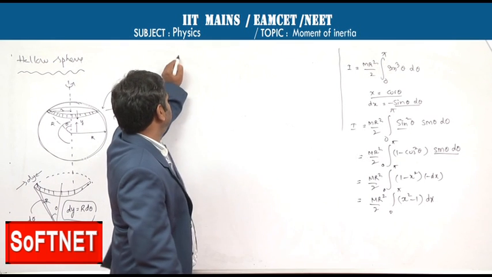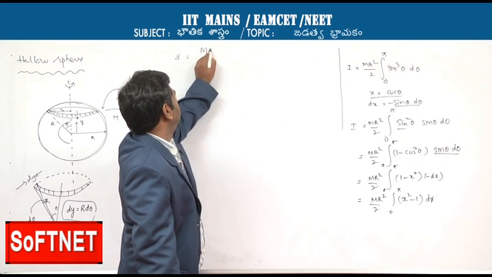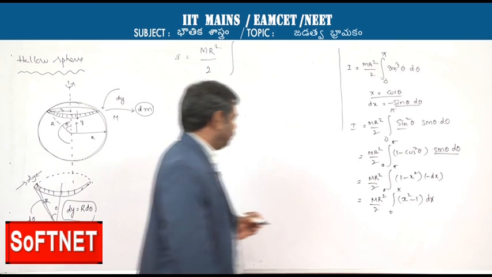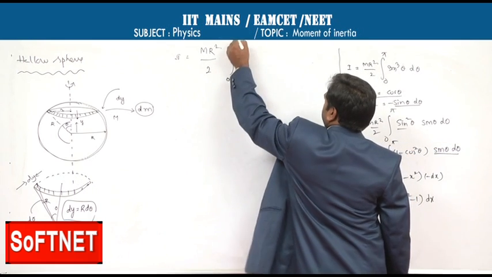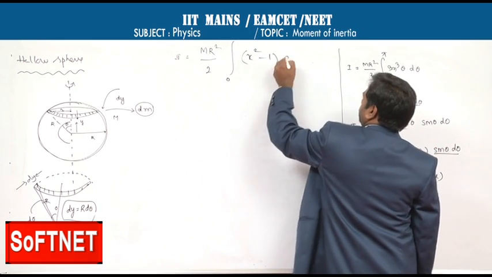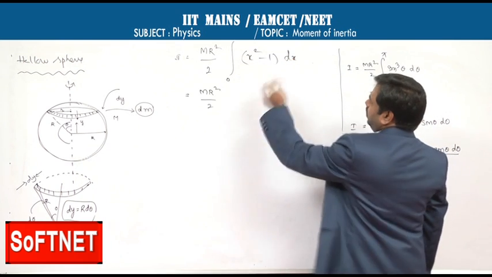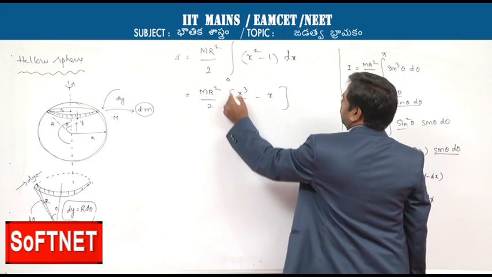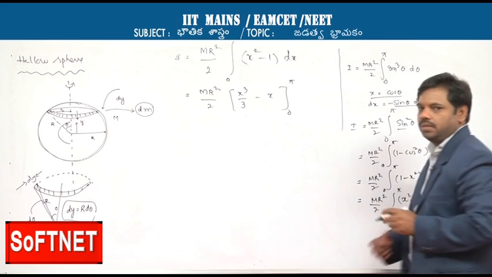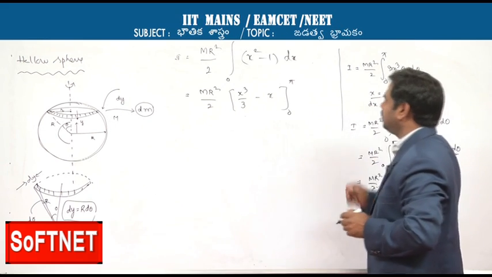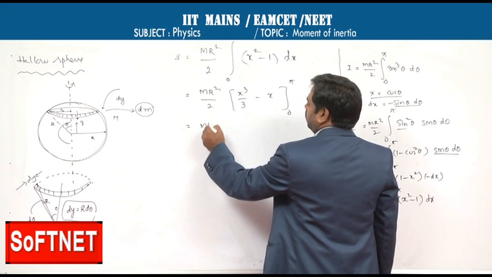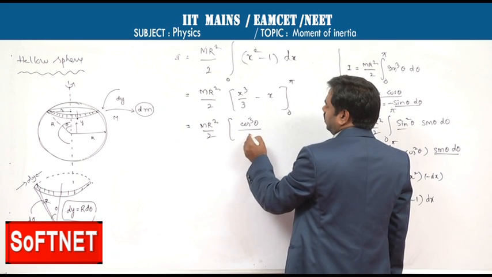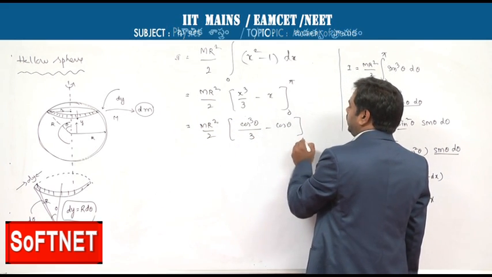I is equal to mr square by 2 integration of x square minus 1 dx. Integration of x square minus 1 is equal to x cube by 3 minus x, with limits 0 to pi. But what we assumed here, x is equal to cos theta. So mr square by 2 into cos cube theta by 3 minus cos theta, 0 to pi.